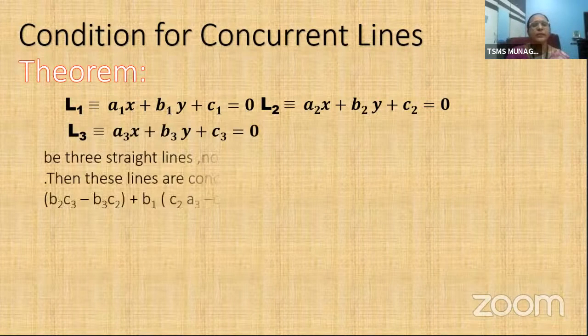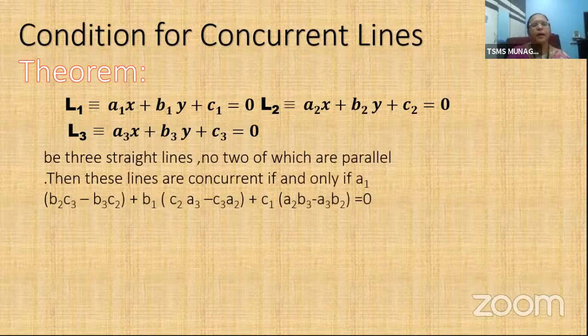Now here, let L1, L2, L3 be three straight lines, no two of which are parallel. Then these lines are concurrent if and only if A1 into (B2 C3 minus B3 C2) plus B1 into (C2 A3 minus C3 A2) plus C1 into (A2 B3 minus A3 B2) is equal to 0.